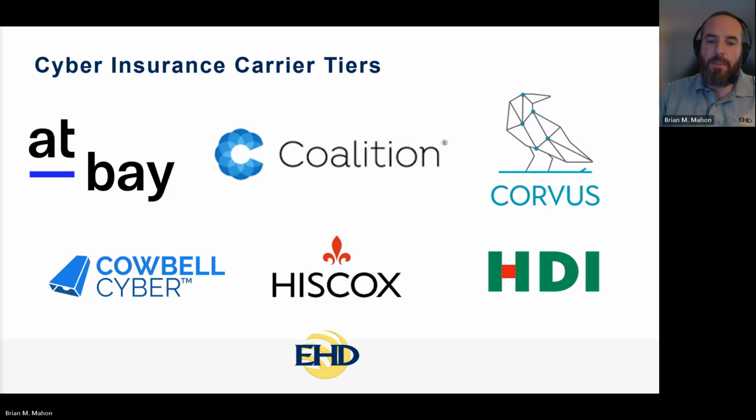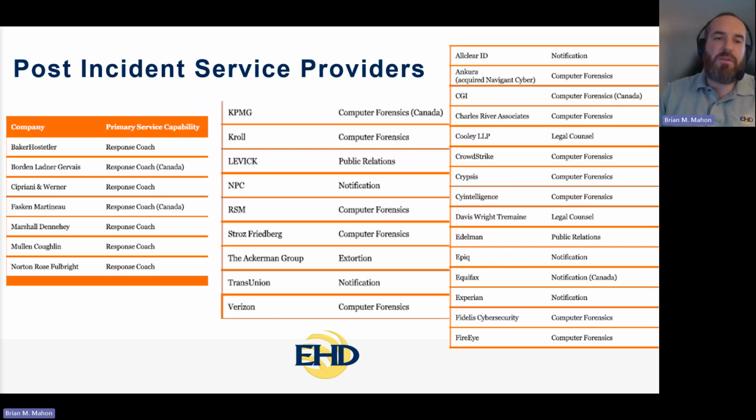So here's a sampling of those post-incident service providers, right? You probably recognize some of these names, but these are the firms that these cyber carriers have pre-negotiated rates with and have been pre-approved by the insurance carrier. It's important to note, if you have a security vendor that you love or a privacy attorney you love, the time to negotiate them onto your panel is when you buy the policy, not come claim time, right?